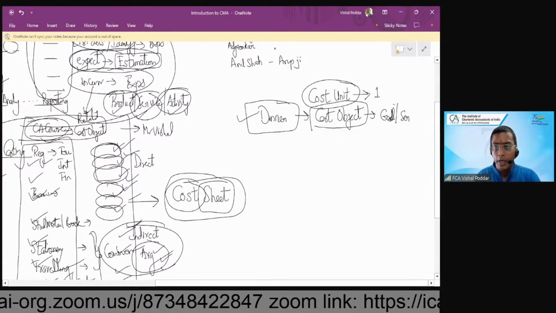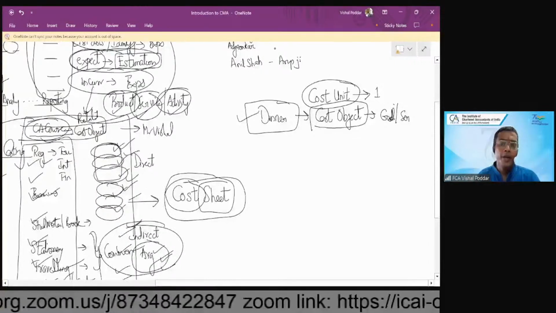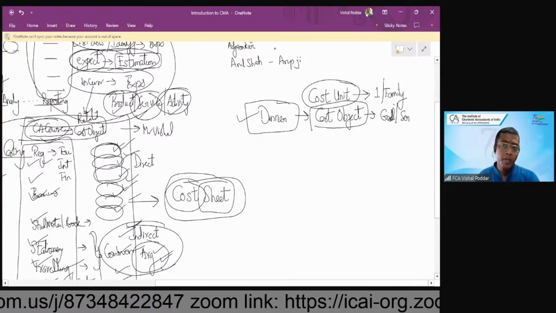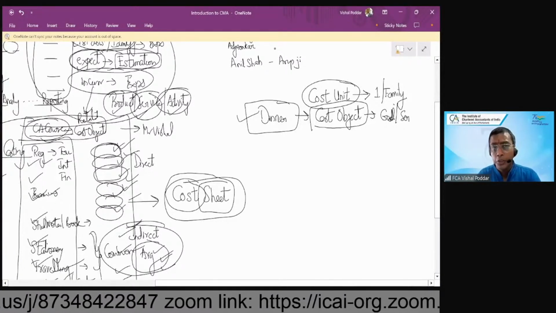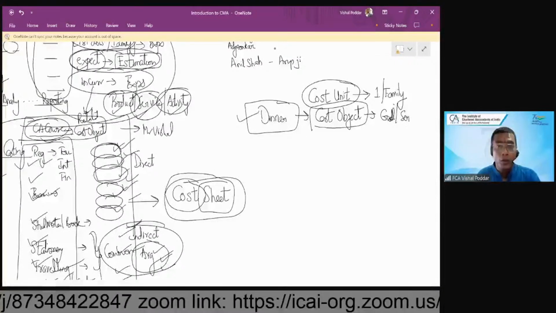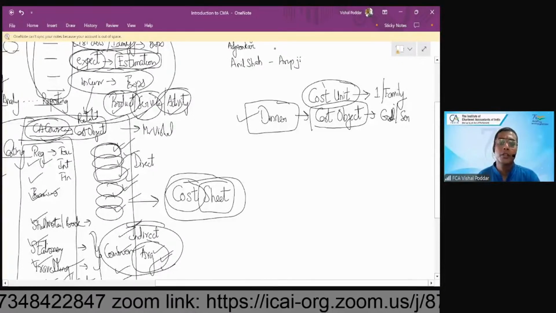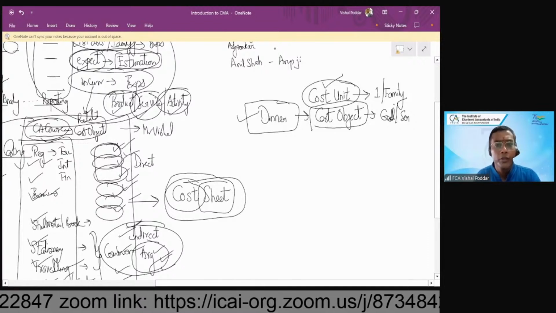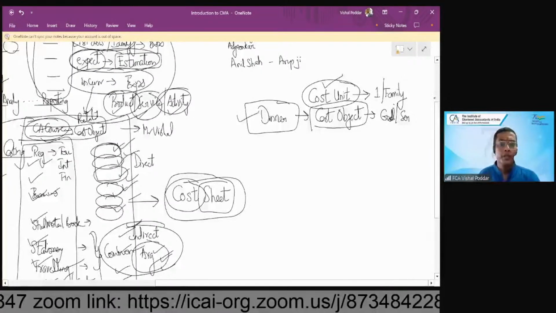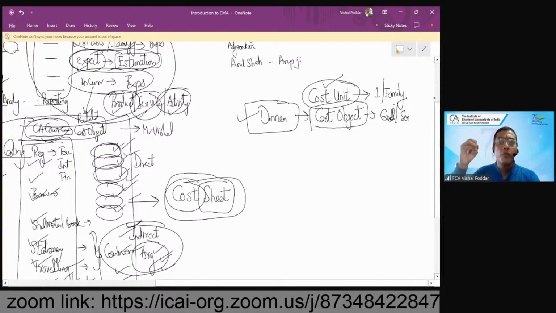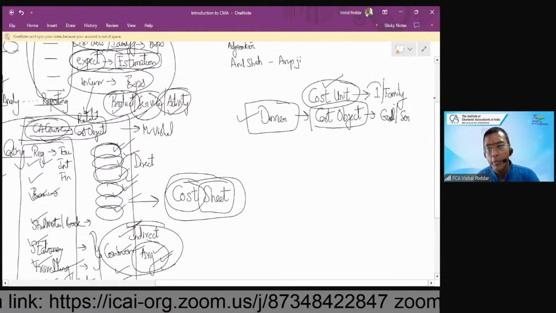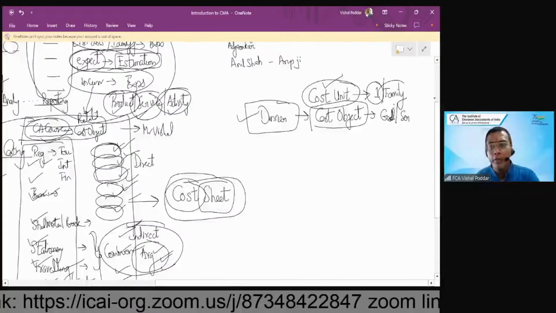Your individual dinner, that is of one plate, or the dinner which was prepared for the entire family? So that may be a question. The answer to this question is another technical term, that is cost unit. Cost unit means the unit for which cost has to be ascertained. Now, what is the unit? It may be you or it may be the family.